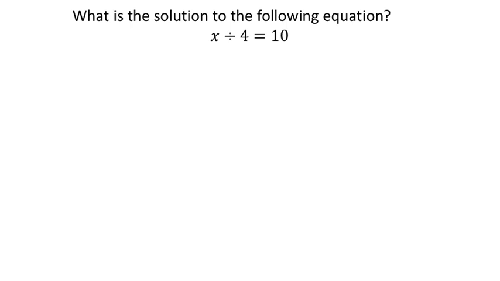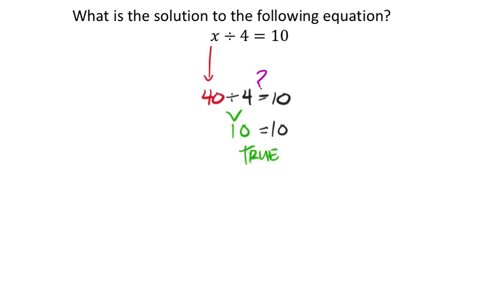Well, if you did replace this x with 40, now this is what our equation looks like. Question mark, because we replaced the value. Well, is this actually true? 40 divided by 4, well, last time I checked, it's 10. 10 does equal 10. That's a true statement for me. So now we know if you replace the x with 40, you get a true statement. That's all we want.